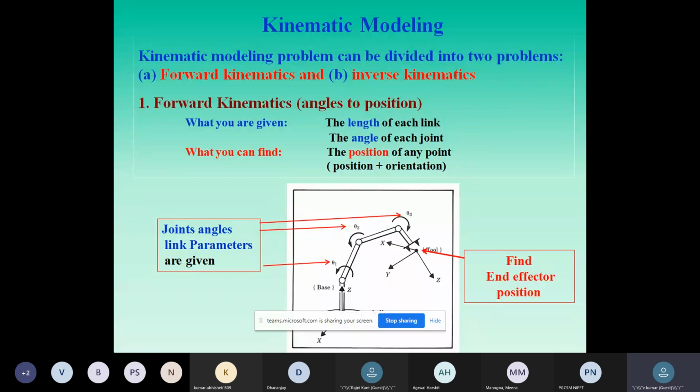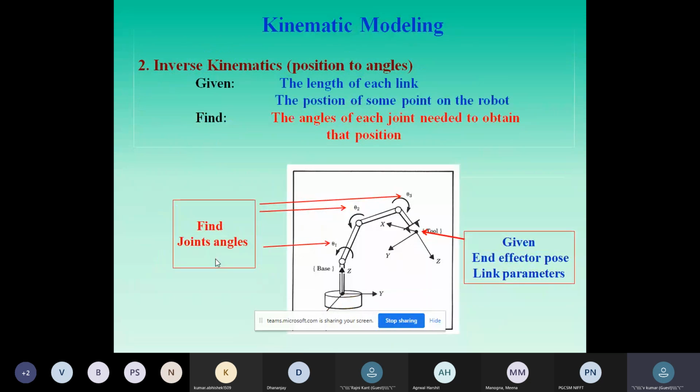What is forward kinematics? If joint angles are given, in this figure you see theta 1, theta 2, theta 3, these are joint parameters, and the position x, y, z of the end effector is in task space. If theta 1, theta 2, theta 3 and link parameters L1, L2 are given, we have to find the end position. This is called forward kinematics.